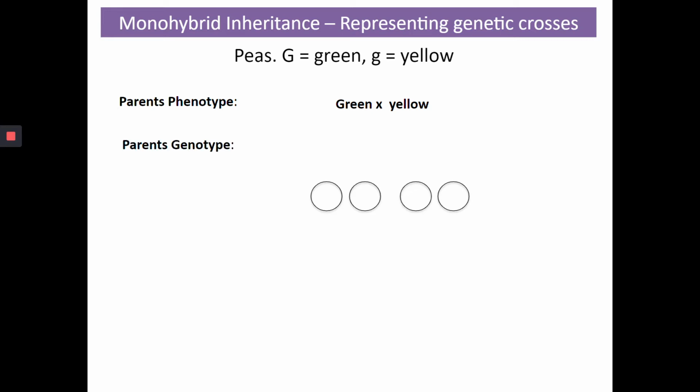So now let's talk about the parents' genotype. We are representing the green color parent with the letter capital G, and they are pure, so the genotype would be capital G, capital G. Crossed means fertilized, or is going to fertilize, the yellow parent whose genotype is small g, small g.